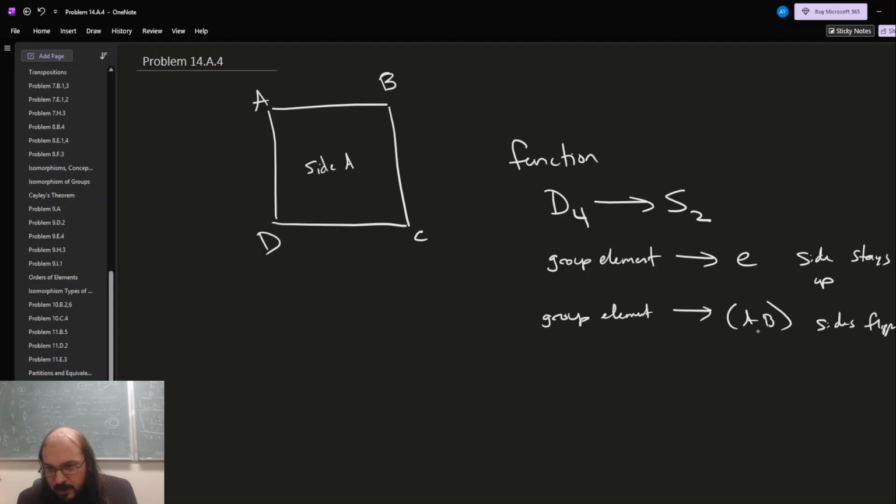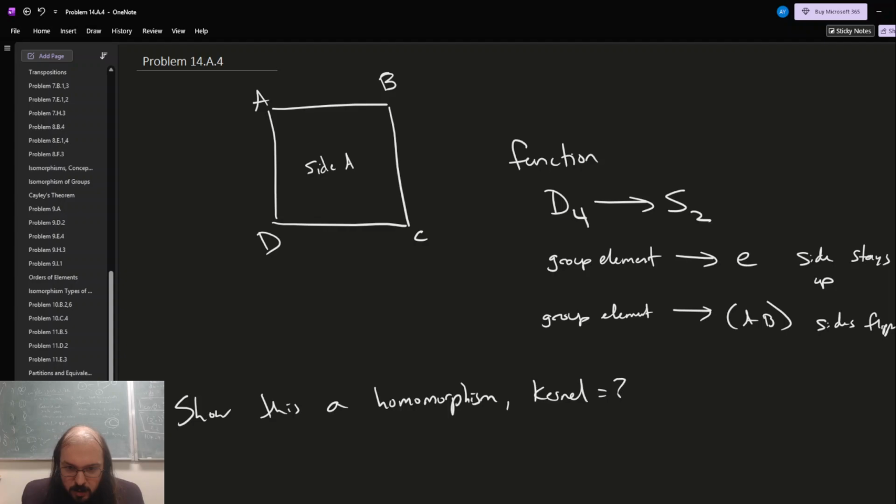That's good cycle notation for flipping the sides, so it seems reasonable. And these are the only two elements of S2, as it turns out. Right? You have two things, you can leave them alone or you can switch them. And so the question is to show that this is a homomorphism and also to see what the kernel is.